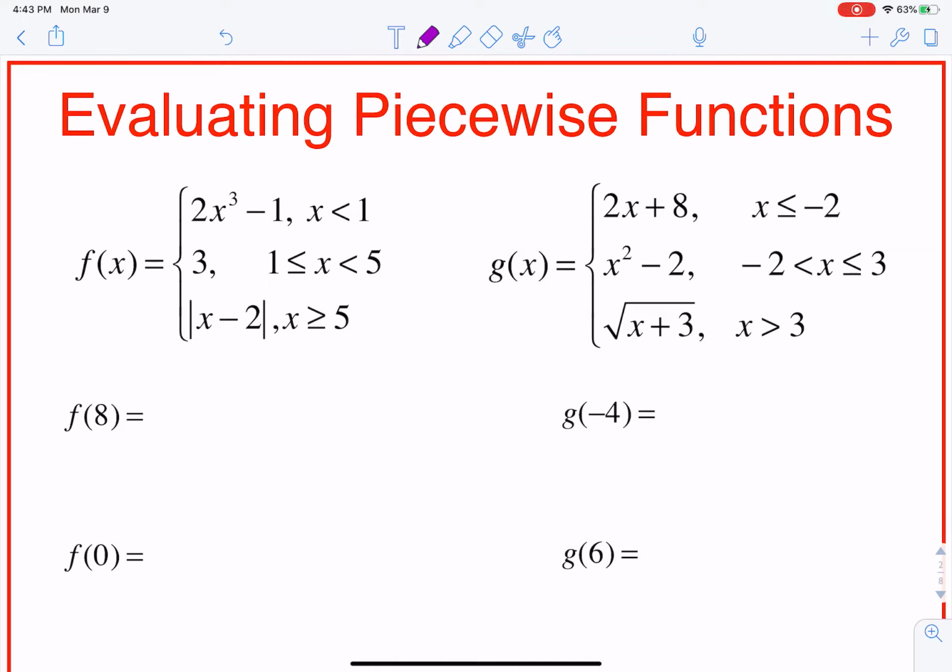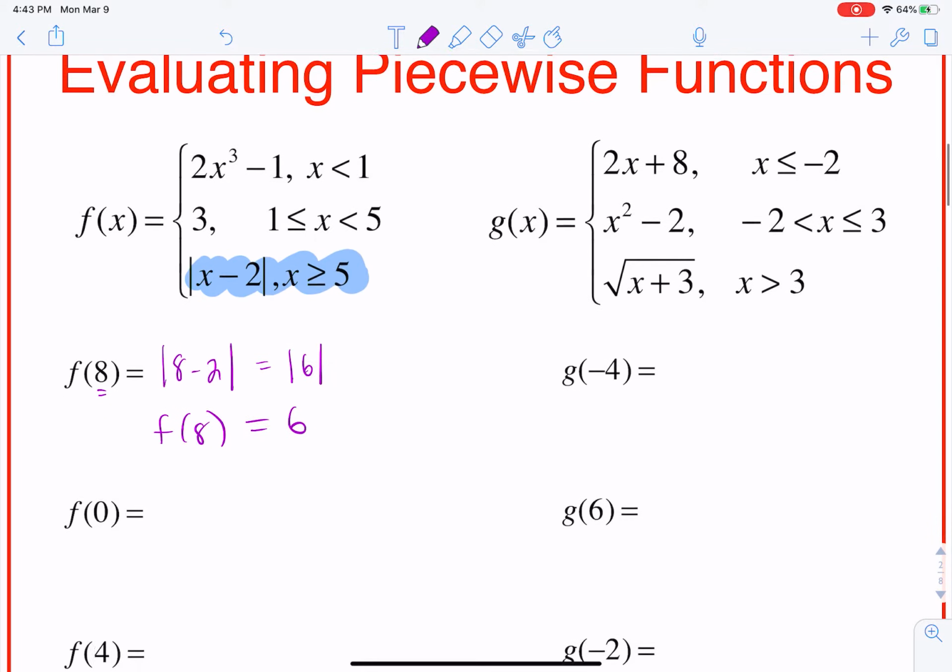So 8 falls under the category of being larger than 5, so I'm looking here to plug my 8 in. The absolute value of 8 minus 2 is the absolute value of 6, so f of 8 is equal to 6.